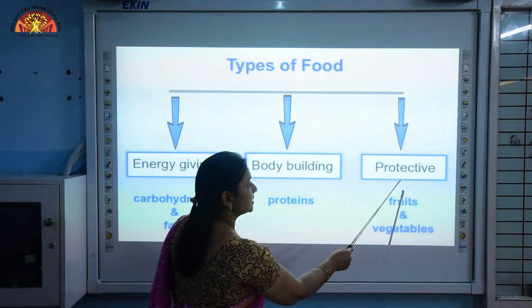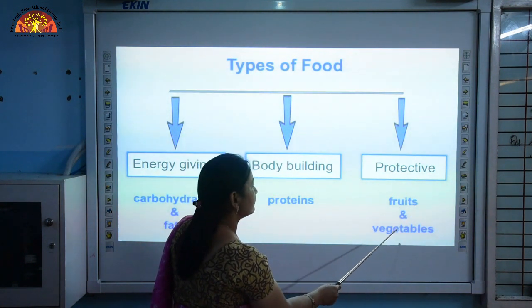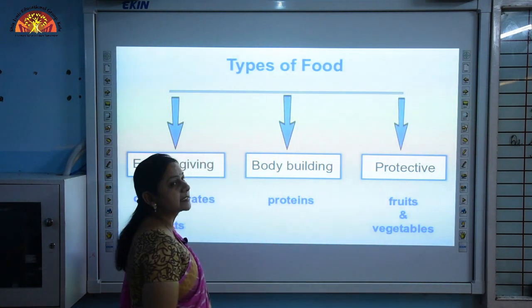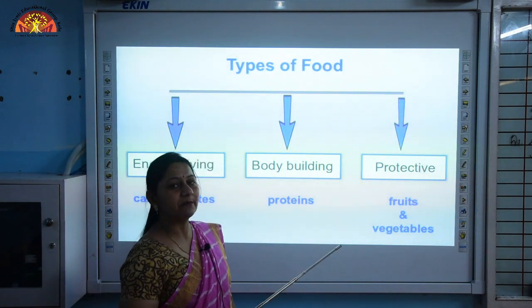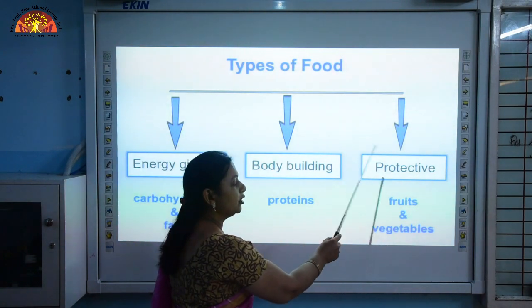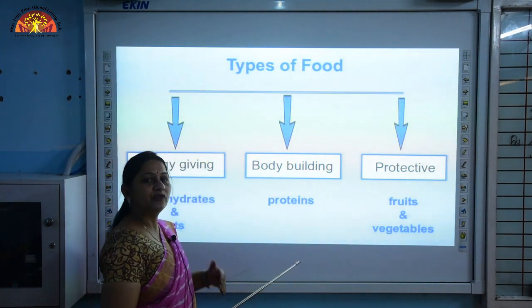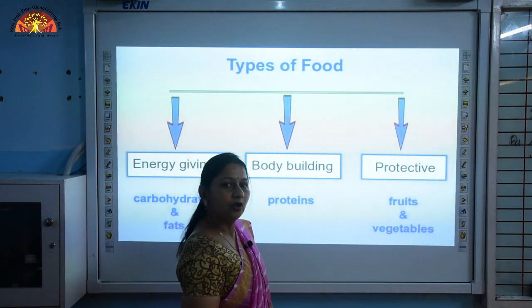And the third category is protective foods, and vitamins and minerals come under this category. Fruits and vegetables are the major source of vitamins and minerals, and they come under the heading protective food. So we have 3 categories: energy giving, body building and protective food.